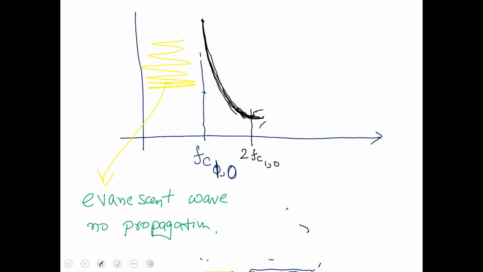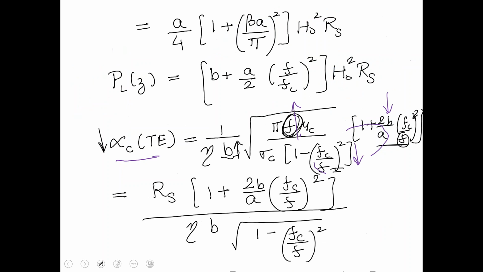After that, the loss is going to start increasing again. This variation over here, when we go to larger and larger frequencies, this loss is going to be proportional to the square root of f. That is your TE10 mode.